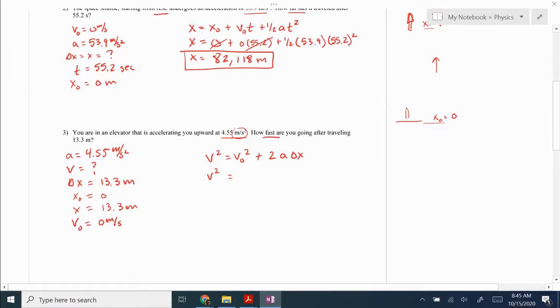Even though it doesn't say what the initial velocity is, generally, elevators would start from a velocity of 0. That's how you get on them. And obviously 0 squared is 0. So plus 0 doesn't matter.